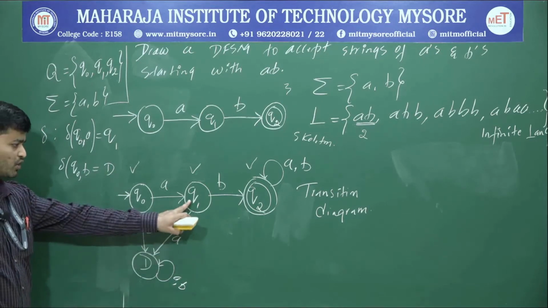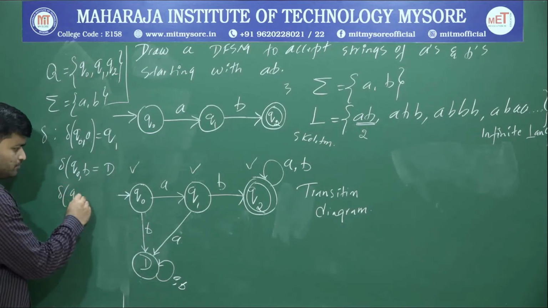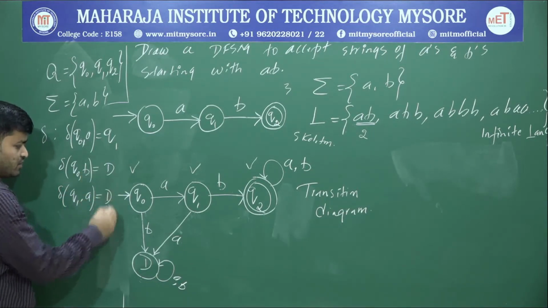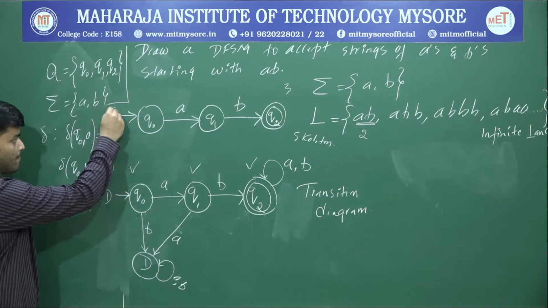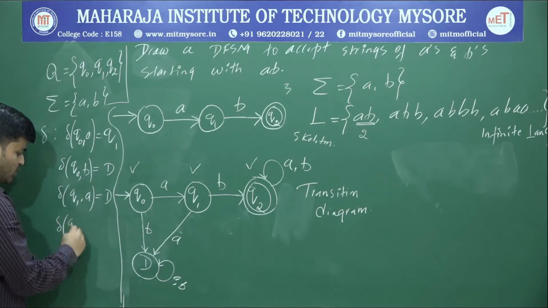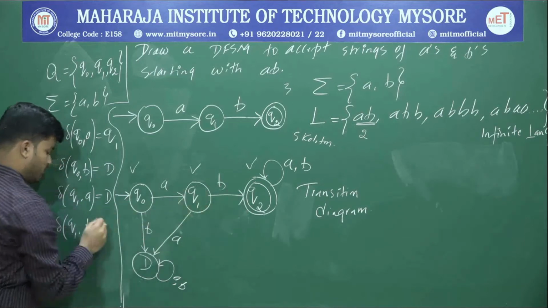Next, go with Q1. What is Q1 comma A? Delta of Q1 comma A is again the dead state. What is the delta of Q1 comma B? Q1 comma B is Q2.